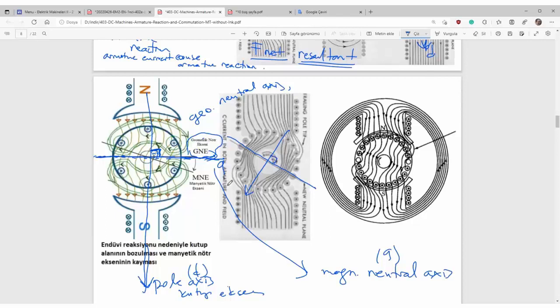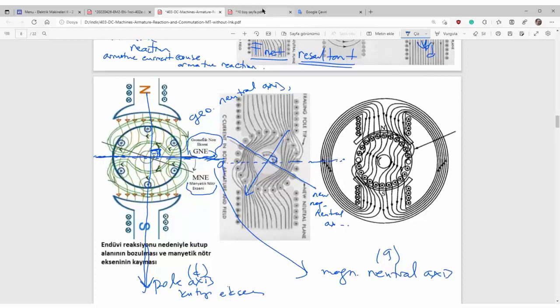Houston, that is the new magnetically neutral axis. It is different from the geometrical one. That was the theoretical geometrical neutral axis, but there's a displacement.